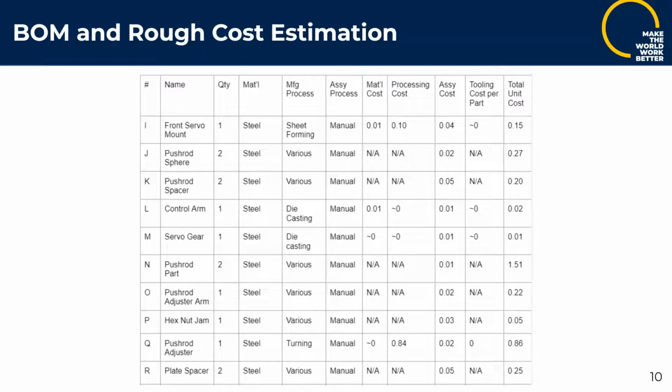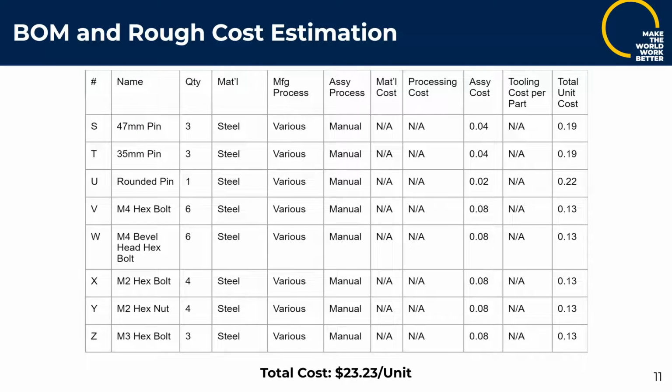So you see that we don't have any processing or material costs for these. And then also when we get to the end here, we can see all of the fasteners. Those have relatively high assembly costs associated with them, and then they have a small per unit cost as well to buy them. We see that when we put this all together, we have a total cost of $23.23 per unit, and we assume manual assembly at $15 per hour for labor.